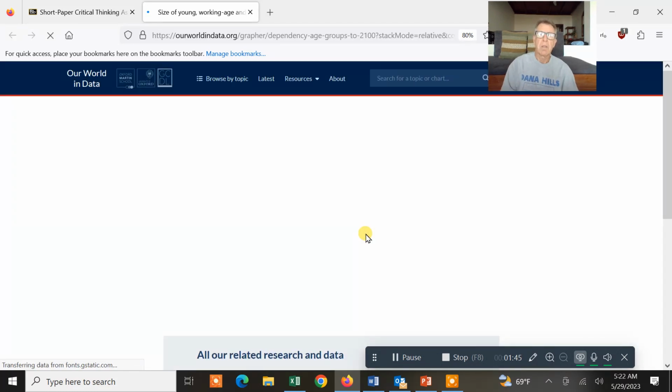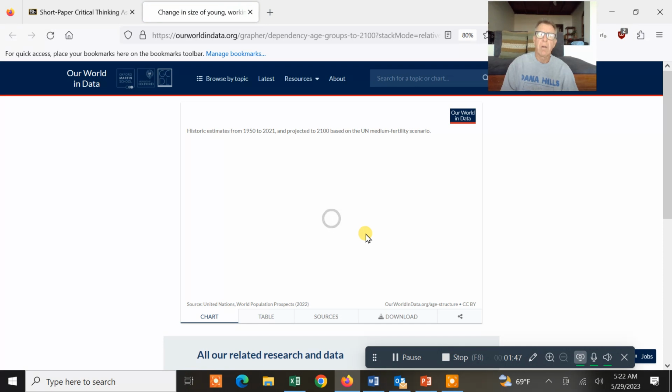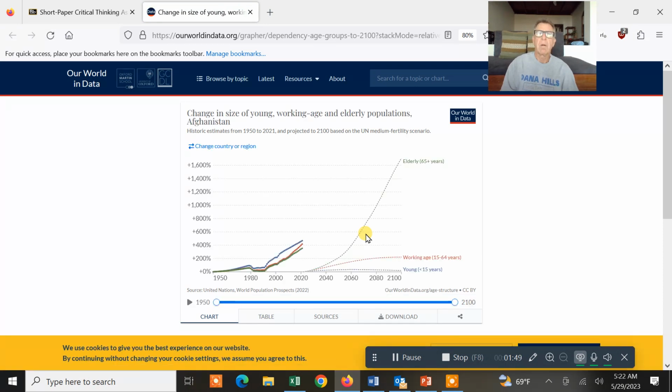This is the change in the working age and elderly populations. We see a lot more older people here, far fewer working age, and then down here are the youngsters. This is how you're going to go about this.